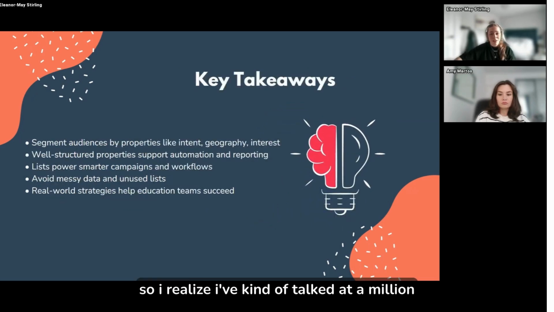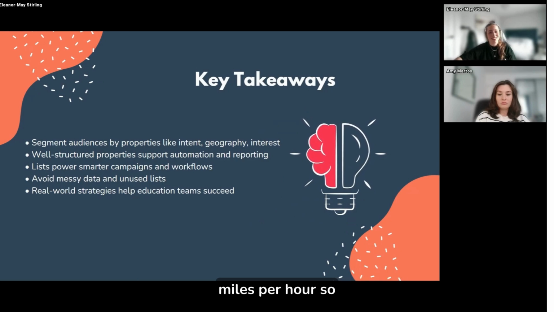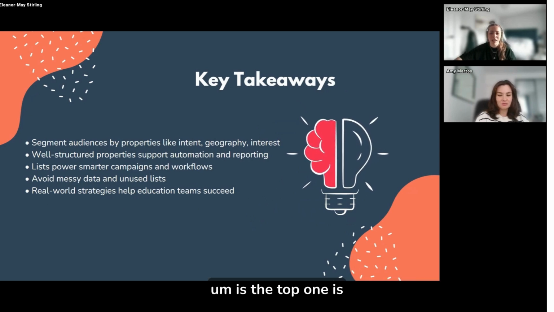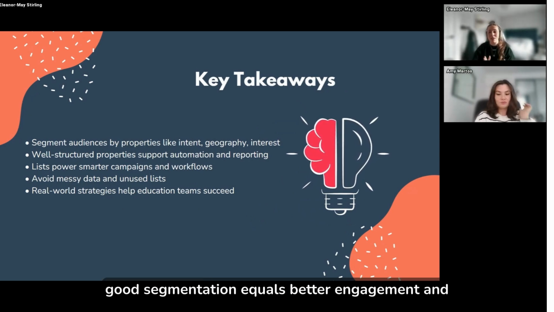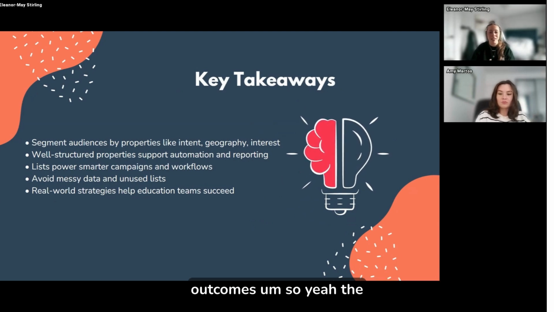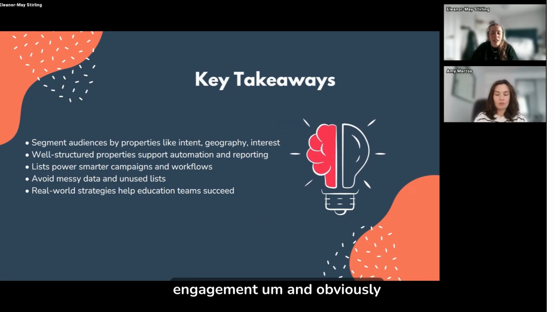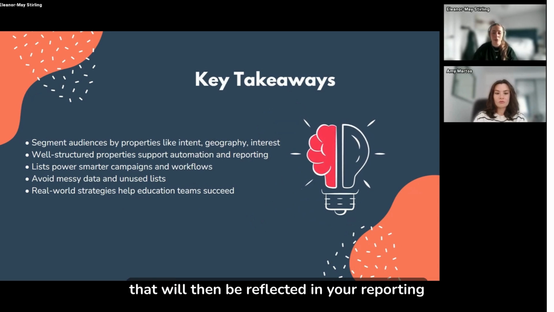So I realise I've talked at a million miles per hour, so apologies, but some key takeaways off the back of that. The top one is good segmentation equals better engagement and outcomes. So yeah, the better your data is segmented, the better the engagement, and obviously that will then be reflected in your reporting.